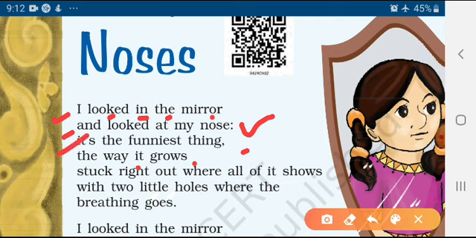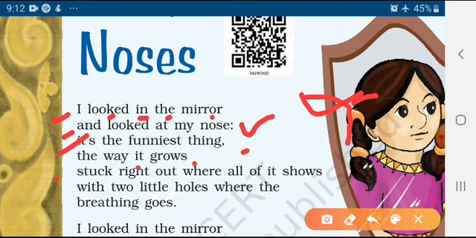The girl is saying that it is a very funny thing how my nose is growing because she is a child. As she is becoming older according to age, her nose is also growing. So she is saying how funny a thing it is, my nose is growing. It means the way her nose is growing is very funny.